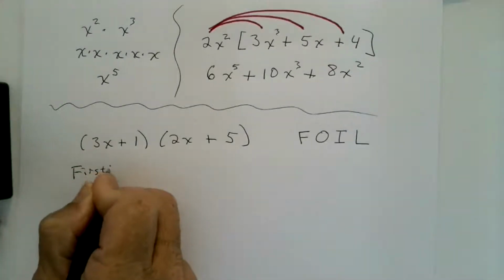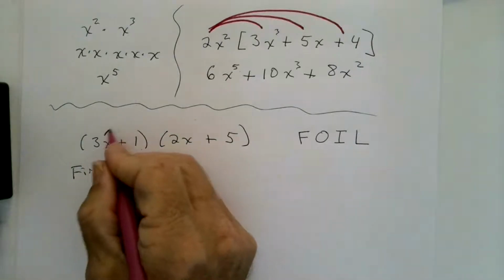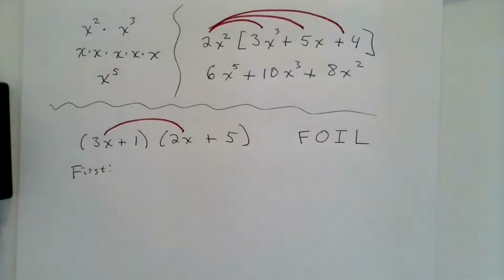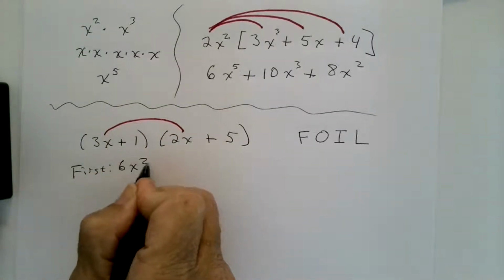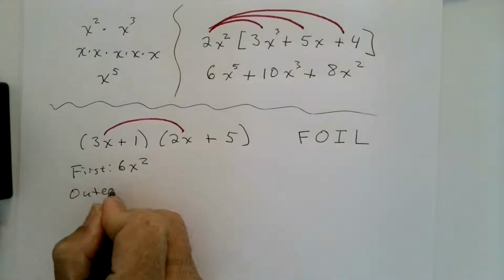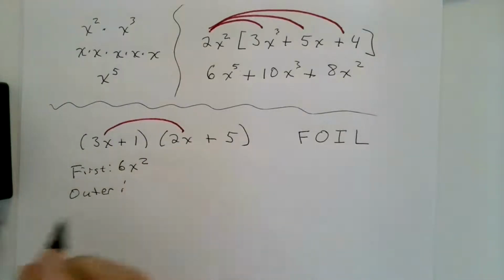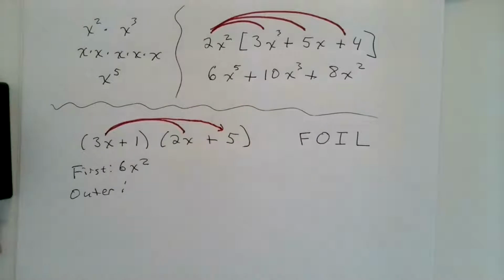First, the first terms. The first term is 3x here, the first term is 2x there. 3x times 2x would be 6x squared. The outer terms would be next. Outer terms 3x and 5. 3x times 5 is 15x.